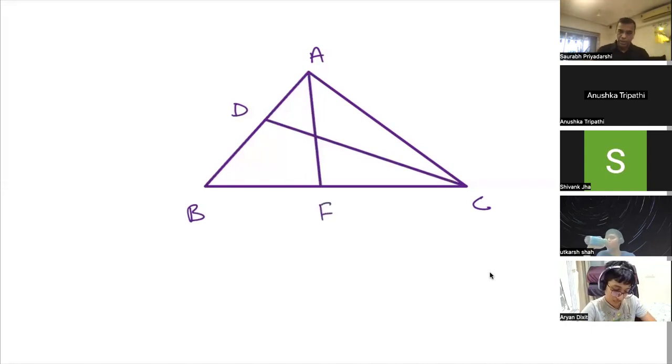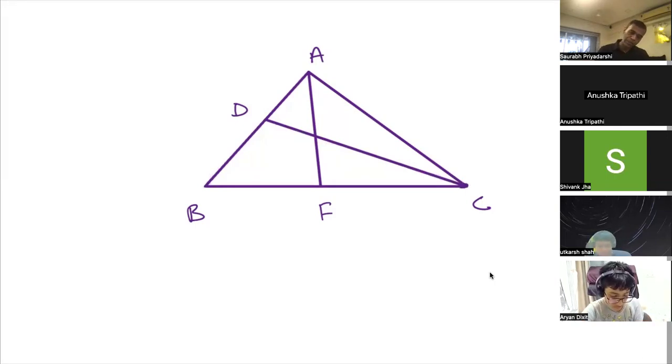Now in triangle BCD, you are able to see that. Now BCD, I'm applying, C is the external point.